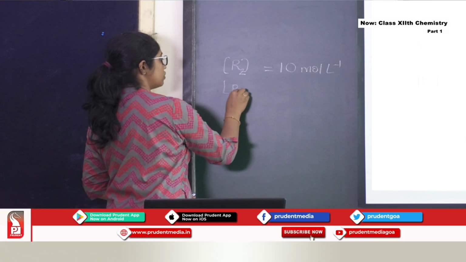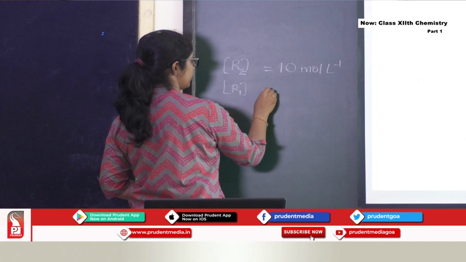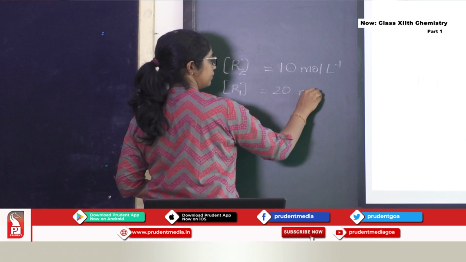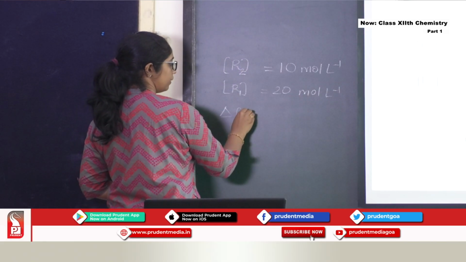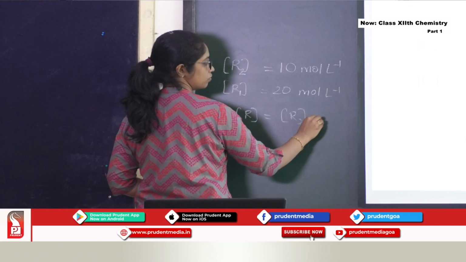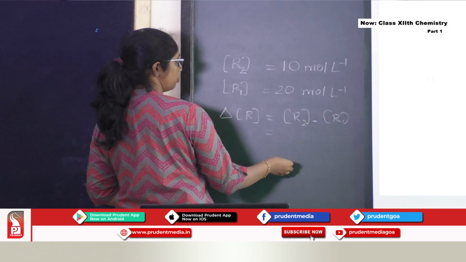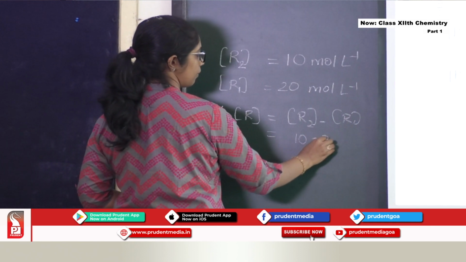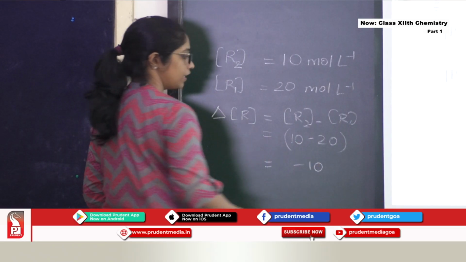And if I take the concentration of R1, which is going to be higher, as 20 moles per liter, then if I have to find delta R, which is given as R2 minus R1, it would be equal to 10 minus 20, and this would give you a negative answer, which is going to be negative 10.